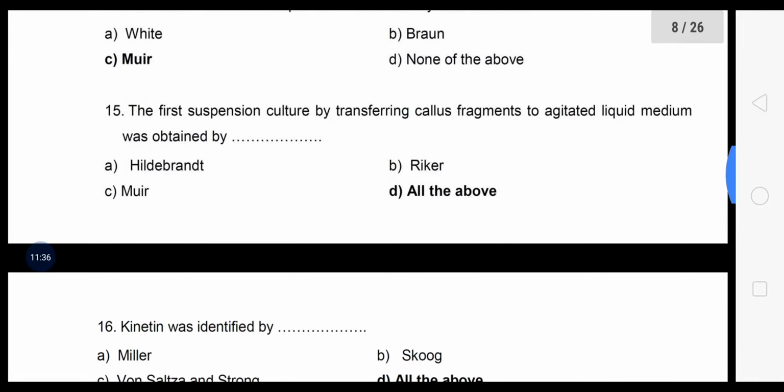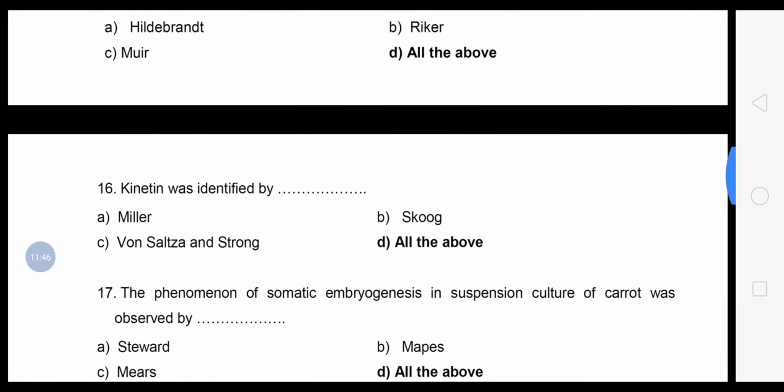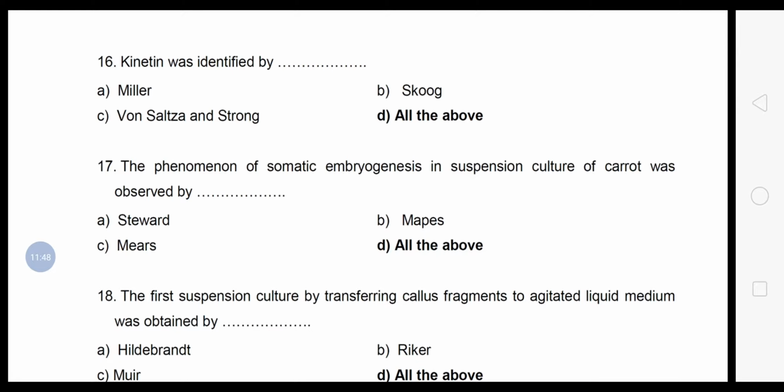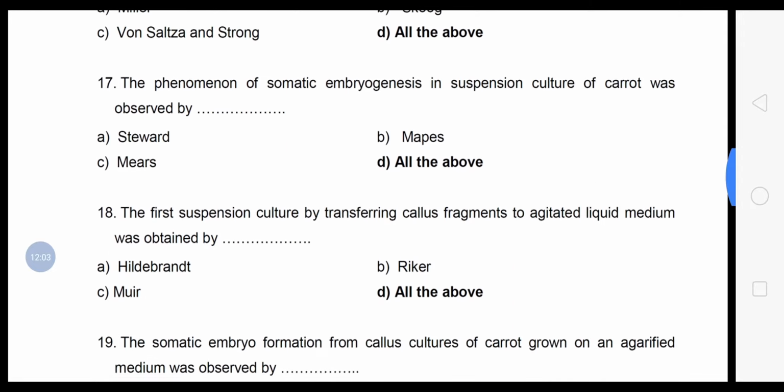The first suspension culture by transferring callus fragments to agitated liquid medium was obtained by Hildebrandt, Riker, and Muir. Kinetin, a cytokinin, was discovered by Skoog and Miller initially, and after that Saltz and Strong.